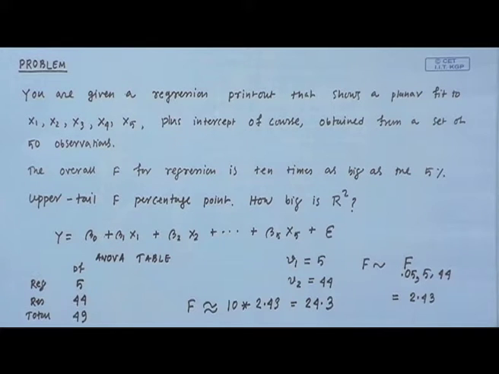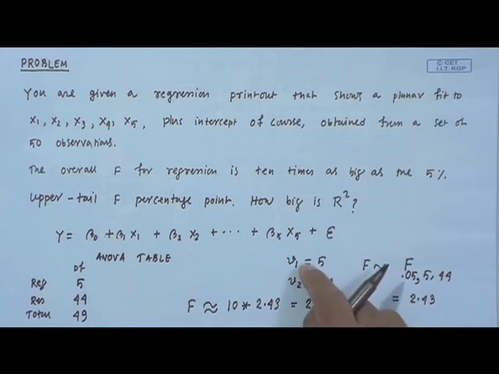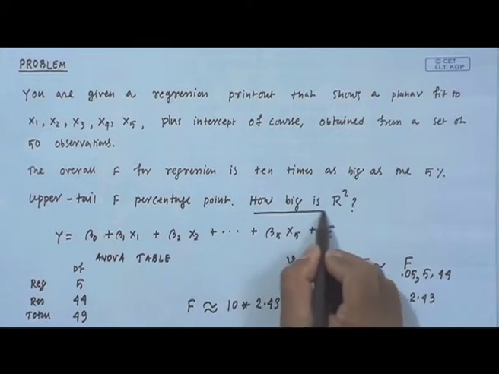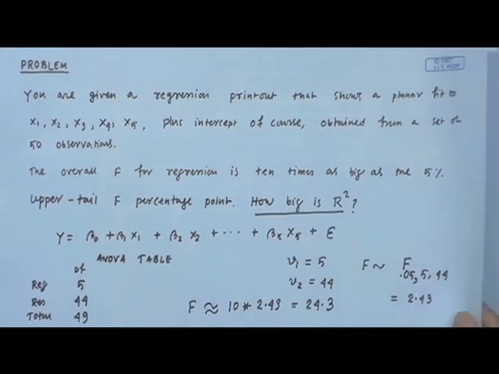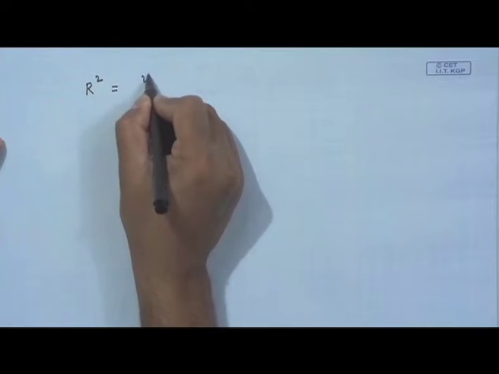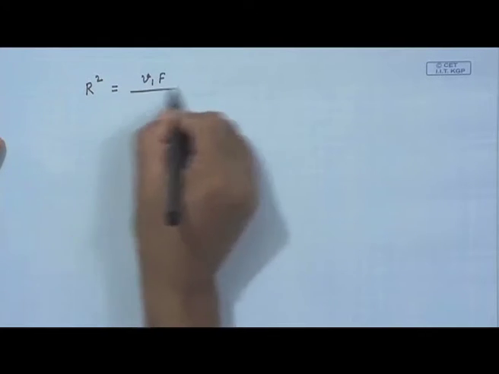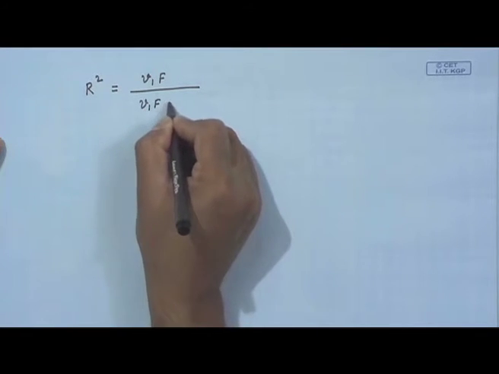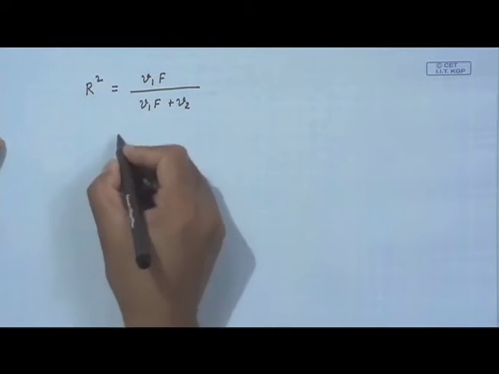Okay. And you know V 1, V 2, you know f. So, you can compute R square now. So, the problem is how big is R square. So, you know the formula that R square is equal to V 1 f by V 1 f plus V 2.